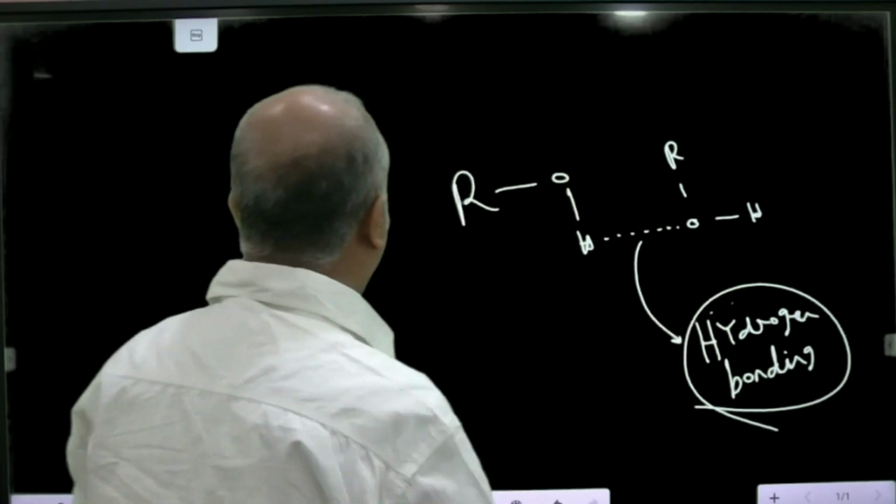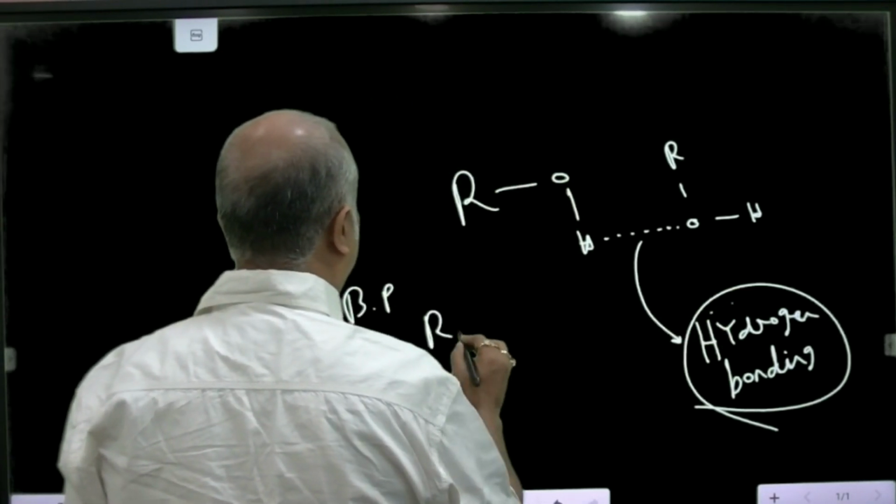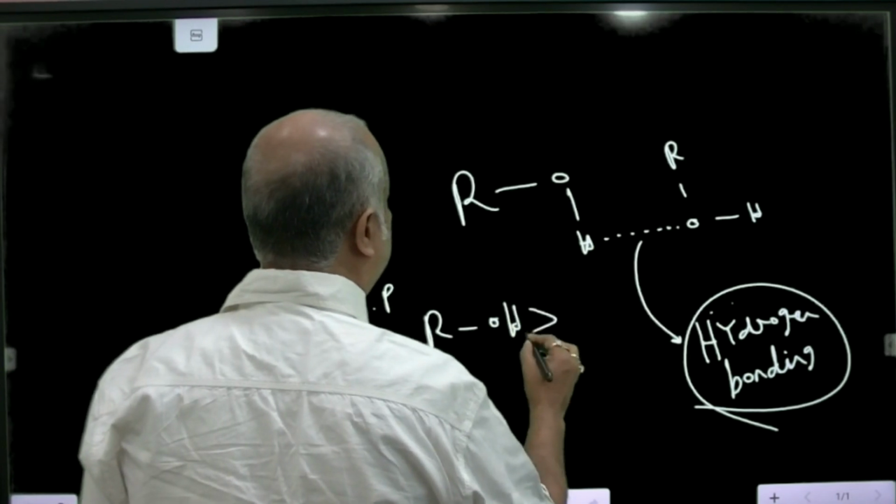So boiling point of alcohol is higher than ether.